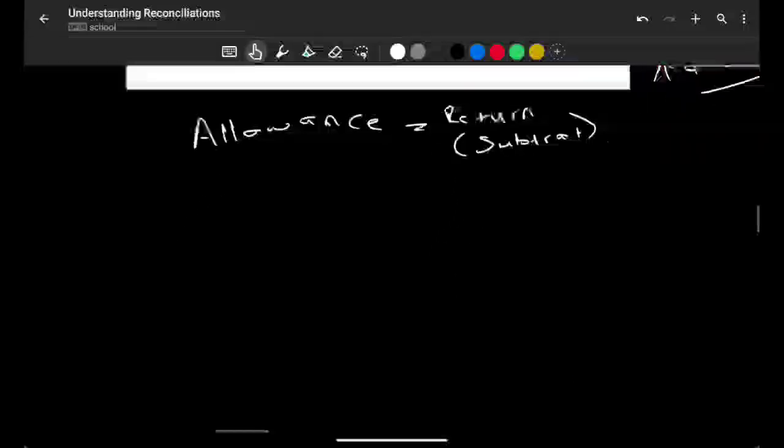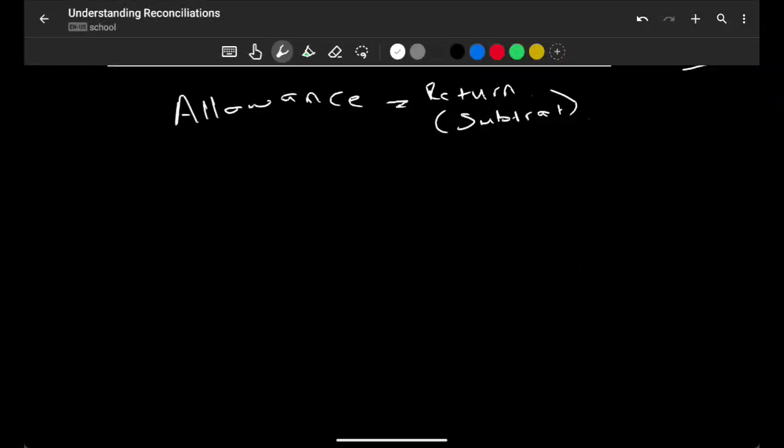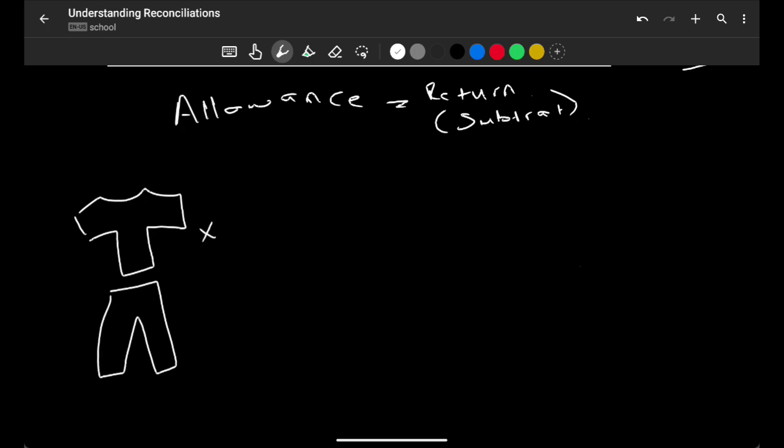An example that I can give you here is, say you go and buy clothes. That is going to be my very amazing drawing of a t-shirt and some pants, right? You buy 5 t-shirts and 5 pants. Each t-shirt is at 50 rand, very good price, and each pair of pants is at 100 rand.